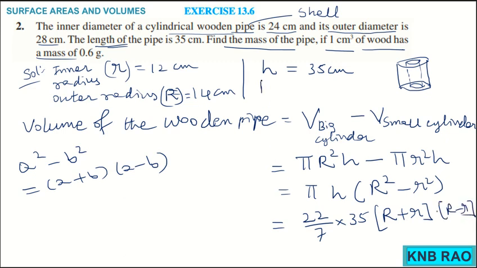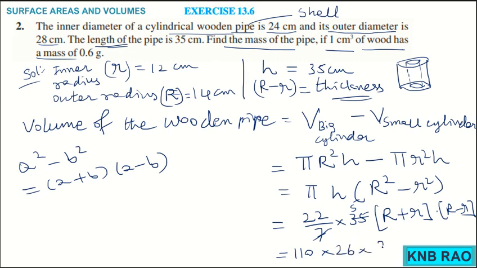Remember children, this capital R minus small r is nothing but thickness of that embankment, the portion of wood we have in that pipe. Here 7 cancels with this for 5 times, so 22 5s are 110 into R plus r. Here sum of 12 and 14 is 26 and difference of them is 2.